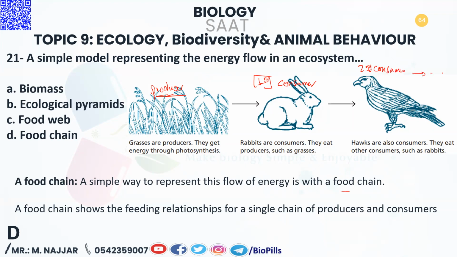We may have tertiary, we may have quaternary, and the last one will be, of course, the top carnivore. The food chain shows the feeding relationships for a single chain of producers and consumers. The interconnected food chains will make the food web. It didn't come in the example, but just to know, in order to properly understand, just in case.